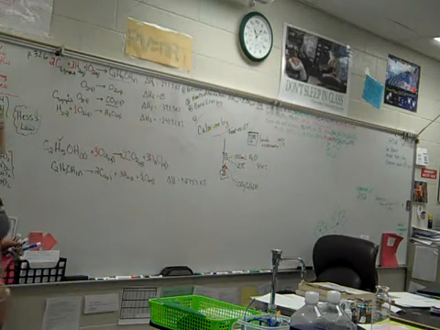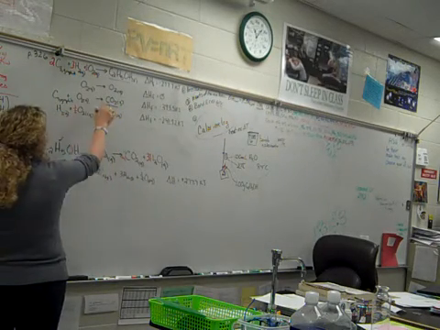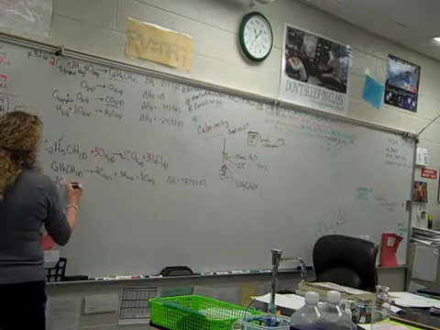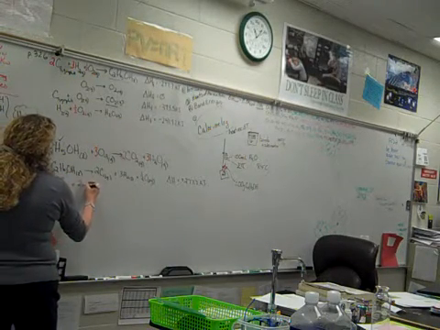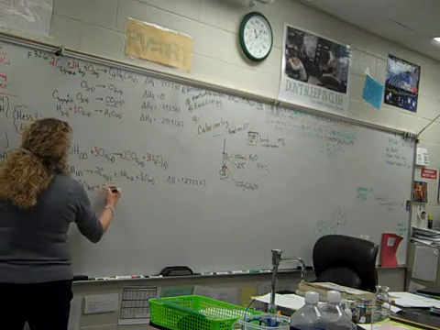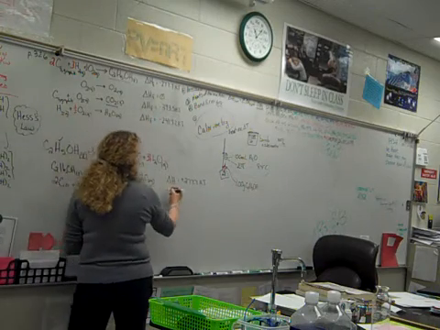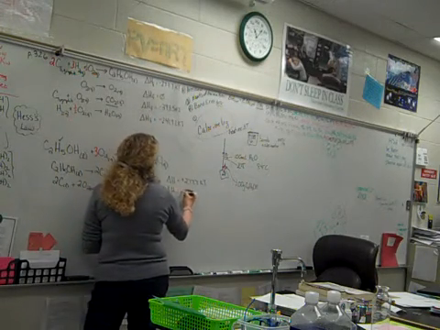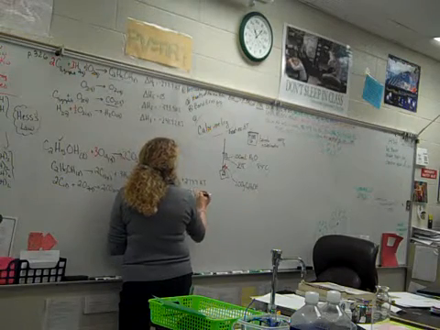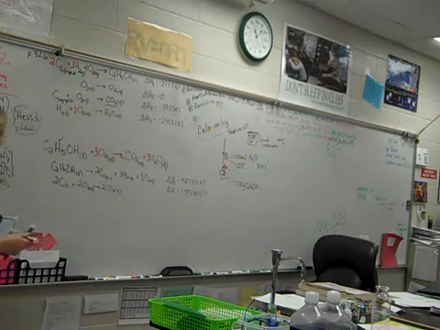No, I need to make 2 moles of CO2, so I can use this reaction and just multiply it by 2. So I have 2 carbons, 2 oxygens, making 2 CO2s. What do you think I have to do to my delta H value? Double it. So this is going to be negative 393.5 kilojoules times 2. I'm going to wait and do all my calculations at the end.